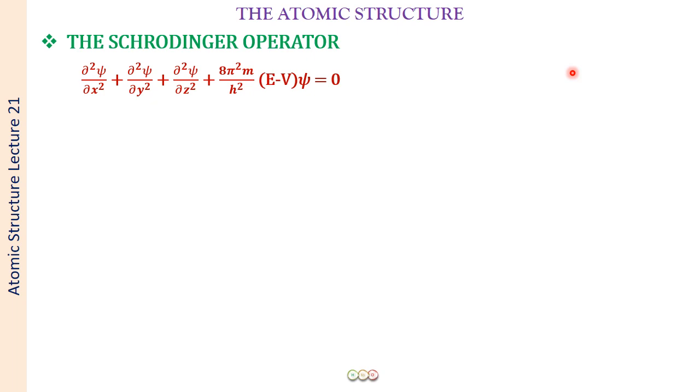And according to de Broglie, we know that the electron is also a wave. So if the electron is a wave and we know its wave function, we will get all the information about the electron, right? So this equation is giving us all the information about the electron.